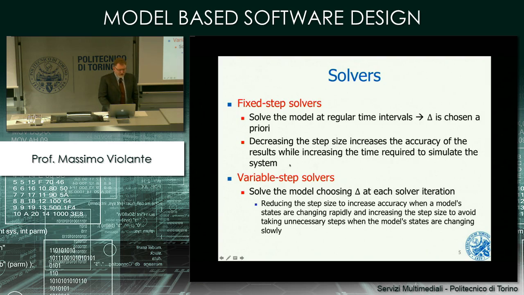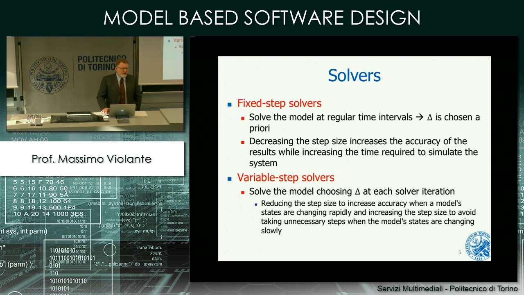In case of variable step solvers, delta is chosen at each iteration of the solver. This means that for the time 0, we could have a very narrow delta that will be 1 microsecond. Then for the second iteration, we can have 2 microseconds.